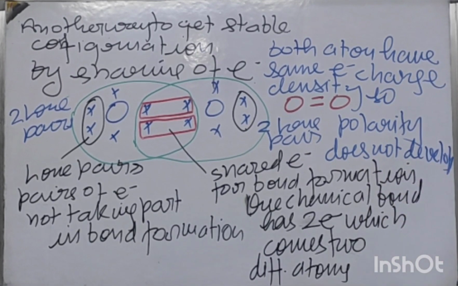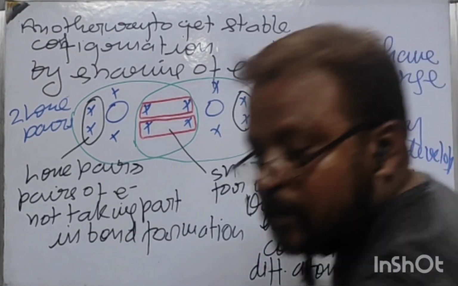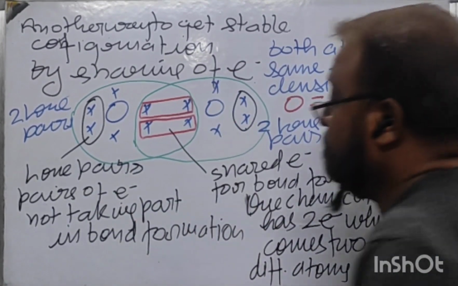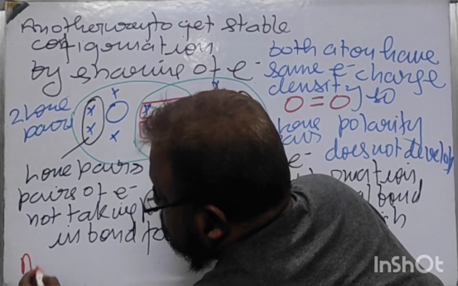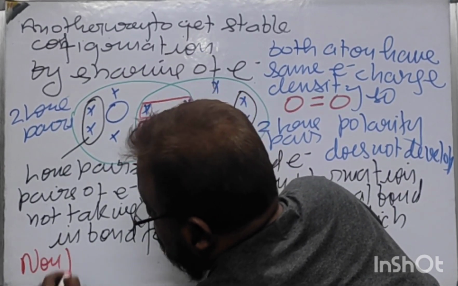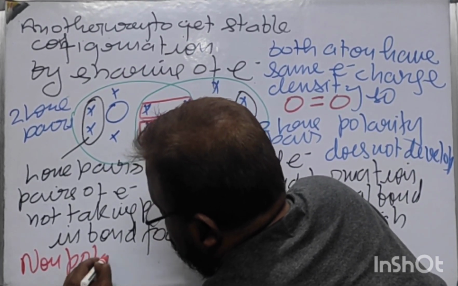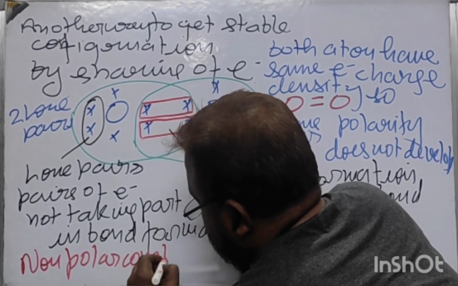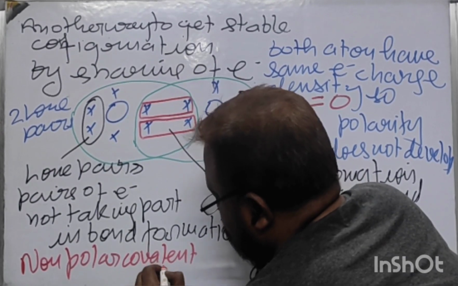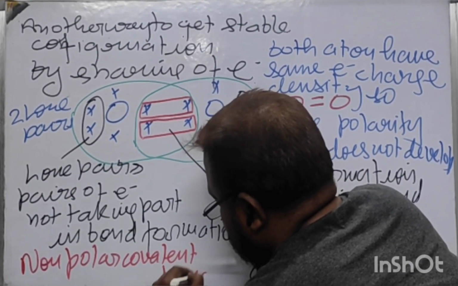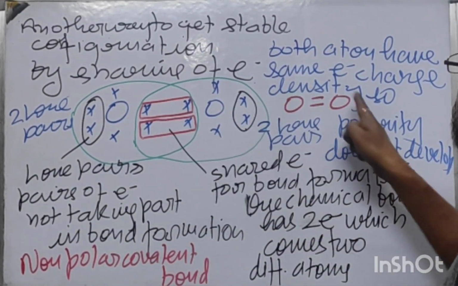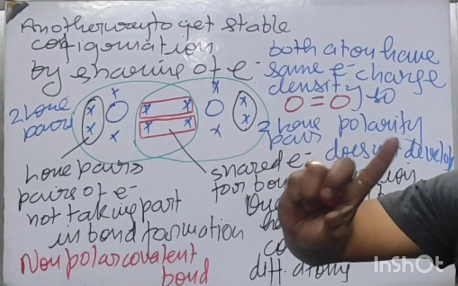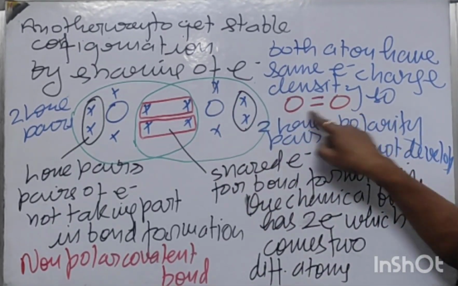That's why we call these non-polar covalent bonds. Here is a double bond. In hydrogen there was a single bond. Between oxygen atoms, a double bond.